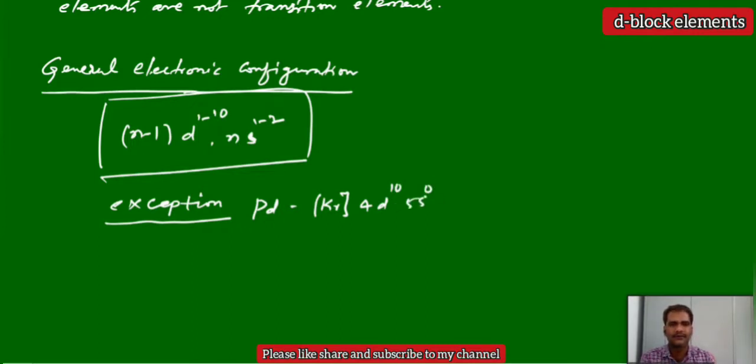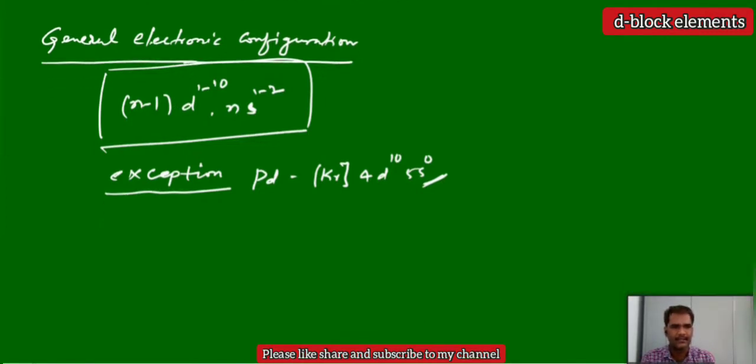So there is no s electron here; we have only 4d10 electrons. Actually the electronic configuration is (n-1)d1 to 10 ns1 to 2, but here there is no s electron. This is the exception to the general electronic configuration. In the remaining cases, in all 3d, 4d, 5d series, it is (n-1)d1 to 10 ns1 to 2.